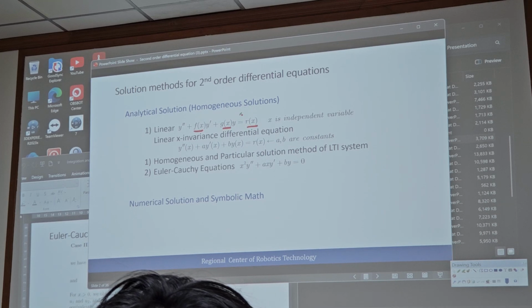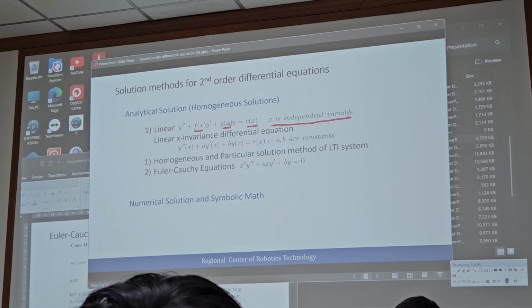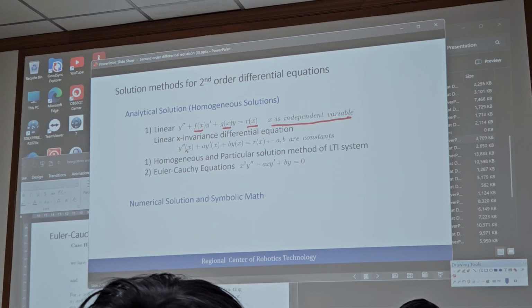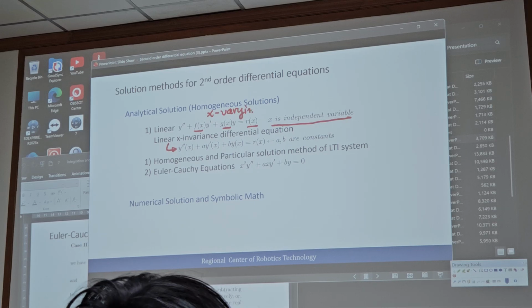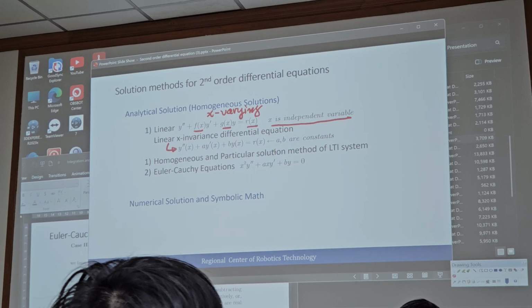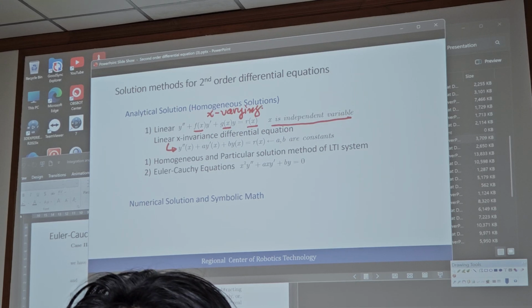Actually, this is a linear system, x independent, and because the coefficient is a function of x, we call this x varying, while this one is x invariant. This one is not that difficult to solve, and this one is more difficult.